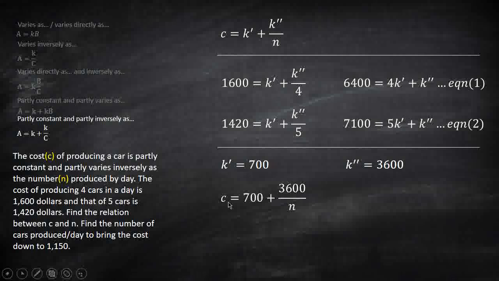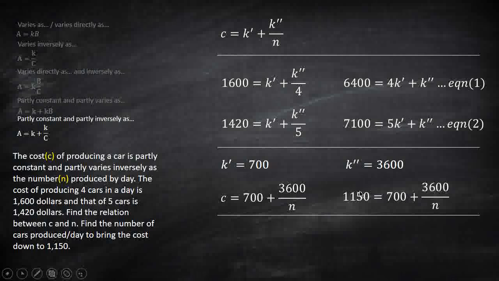Now, with the first k and the second k known, the cost is 1,150. So 1,150 is equal to 700 plus 3,600 over n. Moving 700 across, we get 450 is equal to 3,600 over n.